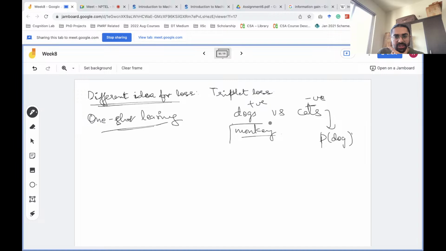Now the thing is, even if you trained very nicely and the probability comes out as zero, that doesn't mean it is doing right. Because in a binary class classifier, if the probability of the positive class is zero, it means the probability of the negative class is one. So it is in fact saying that it is not a dog, it is actually a cat, right?